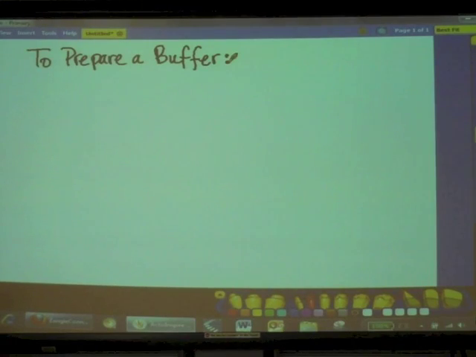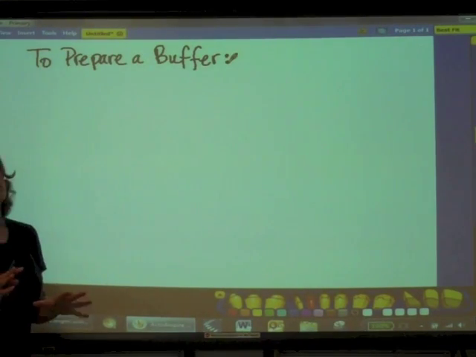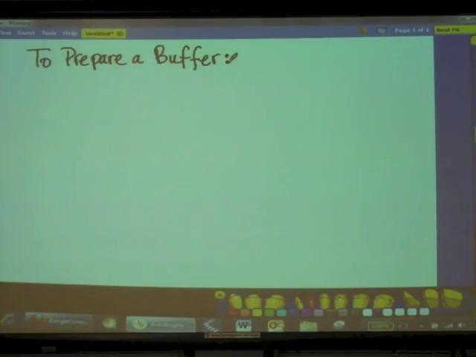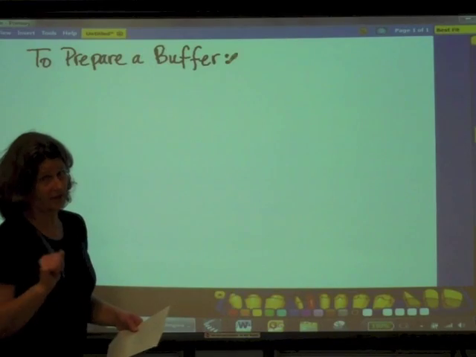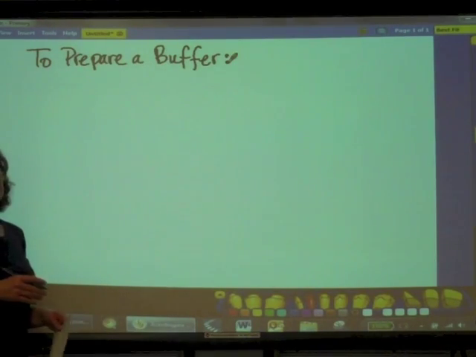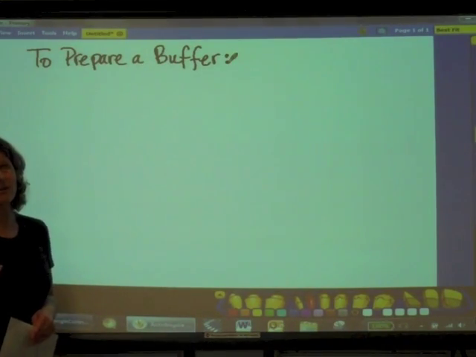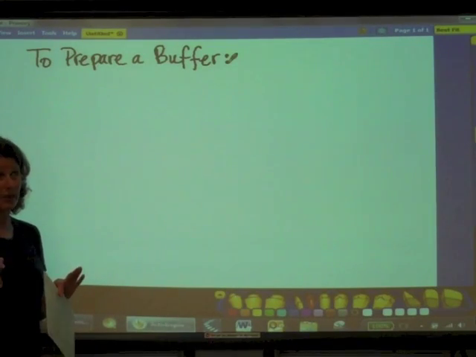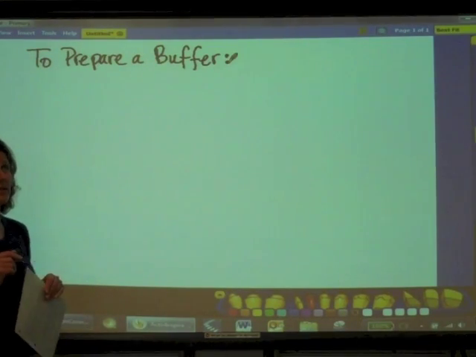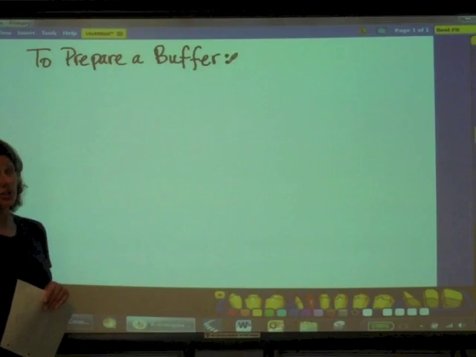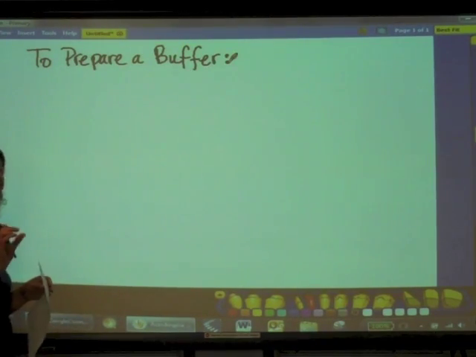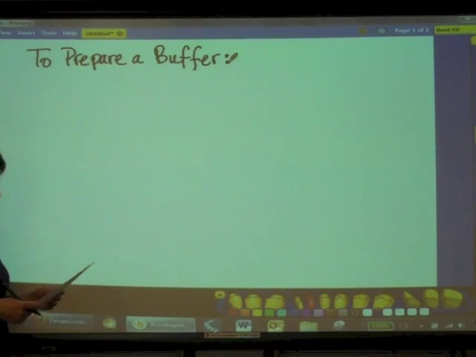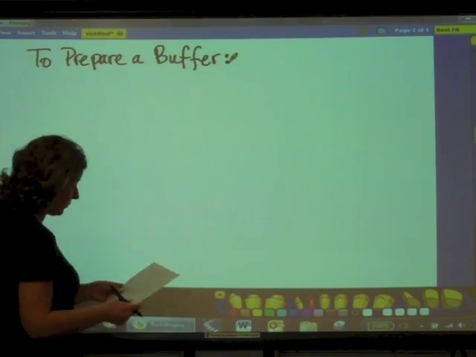And so there's all kinds of contexts in which buffers are necessary. Look them up on Wikipedia. The biggest one is our blood. Our blood is carbonic acid bicarbonate ion. That is the buffer pair, weak acid conjugate base. So that our blood pH is at a very small range. It has to be within a very small range, otherwise our proteins start to unfold.